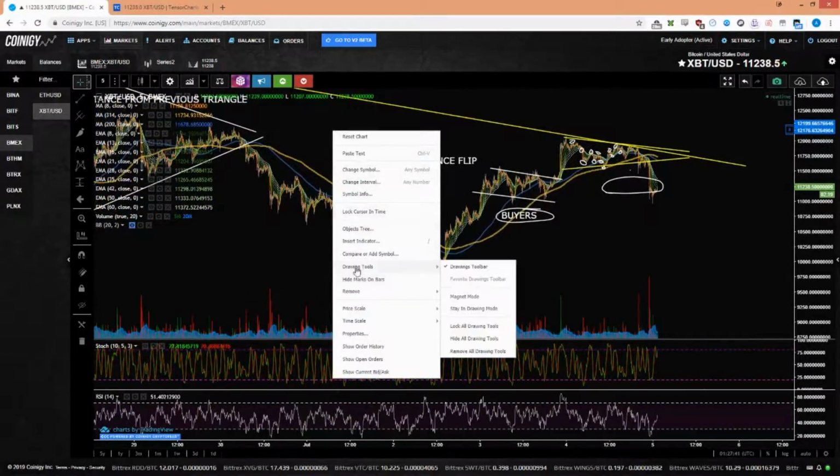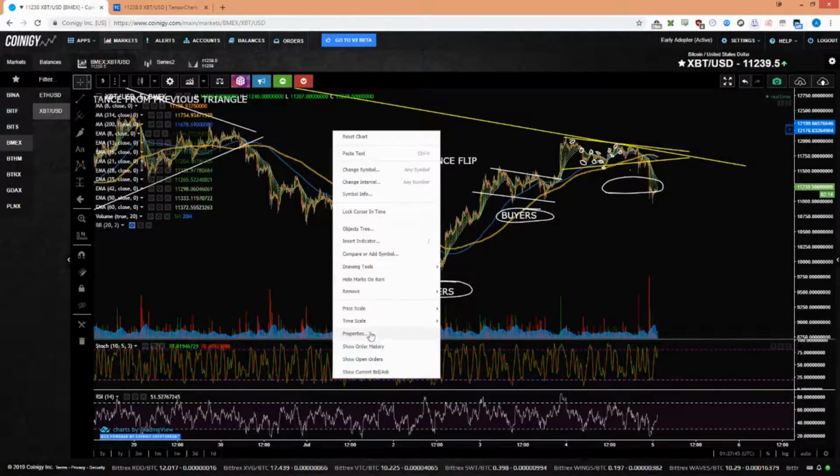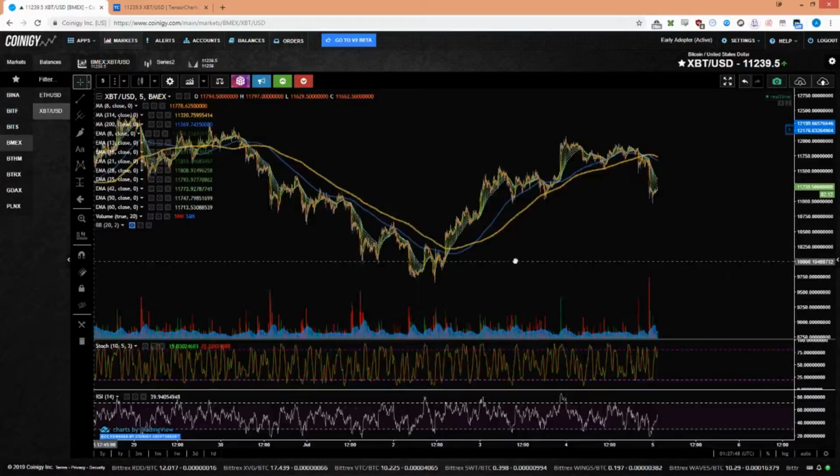So I guess we can look at identifying support and resistance levels.